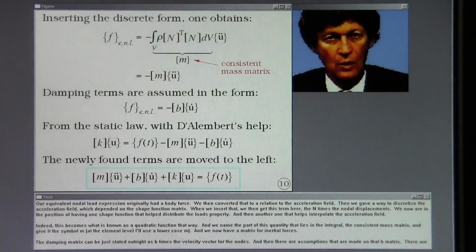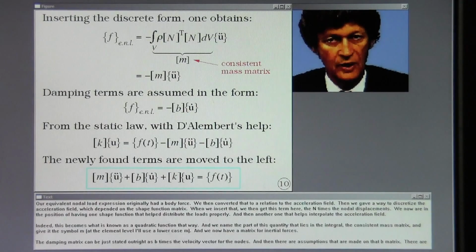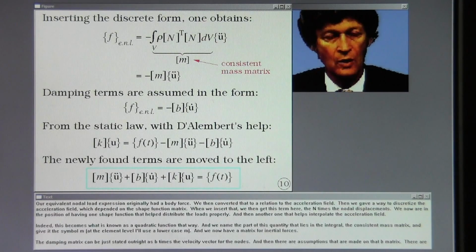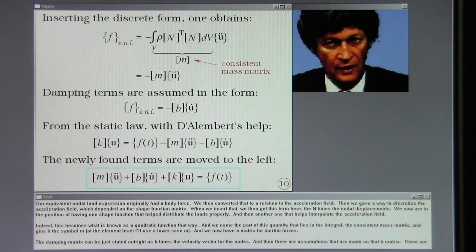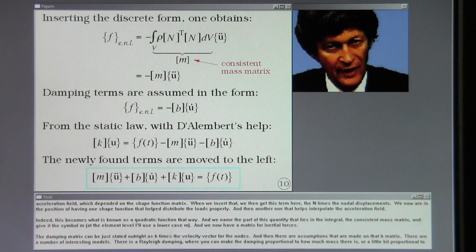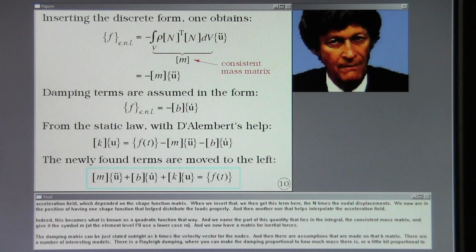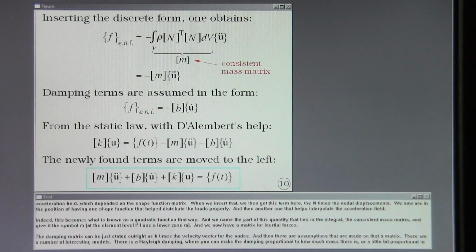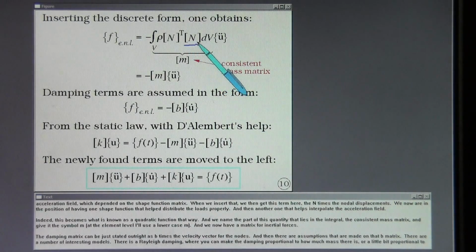Our equivalent nodal load expression originally had a body force. We then converted that to a relation to the acceleration field. Then we gave a way to discretize the acceleration field, which depended on the shape function matrix. When we insert that, we then get this term here, the N times the nodal accelerations.